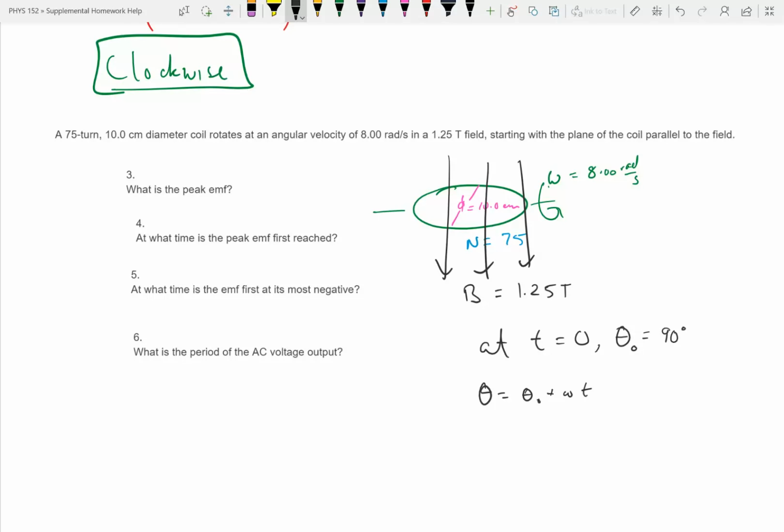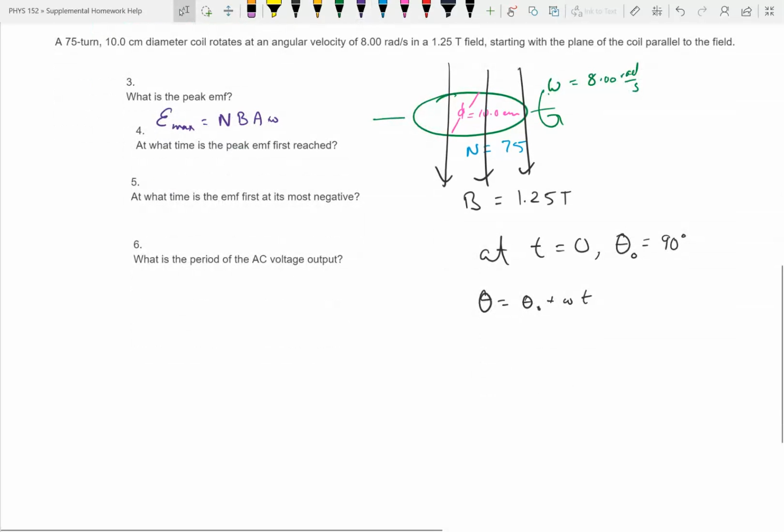It would be producing a voltage because we have an angular velocity. We have changing magnetic flux. And the changing magnetic flux, according to Lenz's law, will create an EMF.